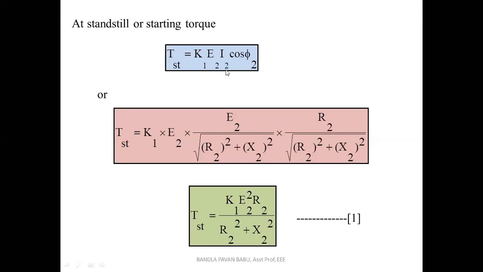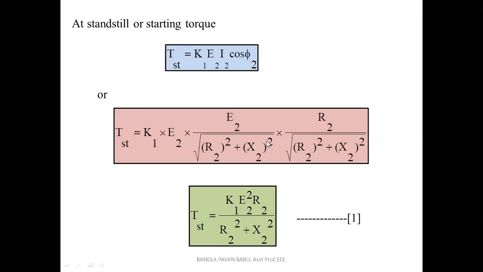Next, the power factor cos phi 2 is R2 by root of R2 square plus X2 whole square. In these two equations we can see the common term, root of R2 square plus X2 whole square.